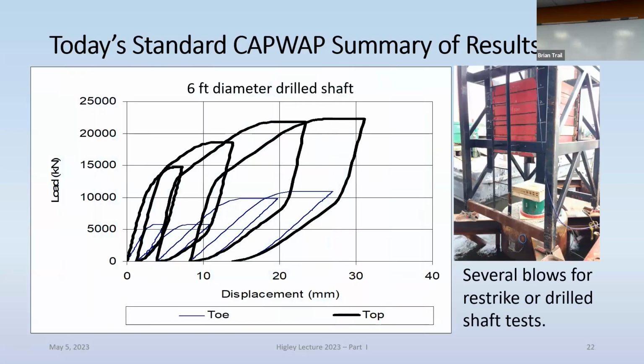For example, you do a restrike, or you do like shown here, a dynamic test on a drill shaft where you only apply maybe 3 or 4 blows with a pretty big weight. This is our so-called apple here, going back to Newton, of course. With that apple, we are hitting our pile top, our pile head, as everybody calls it also.